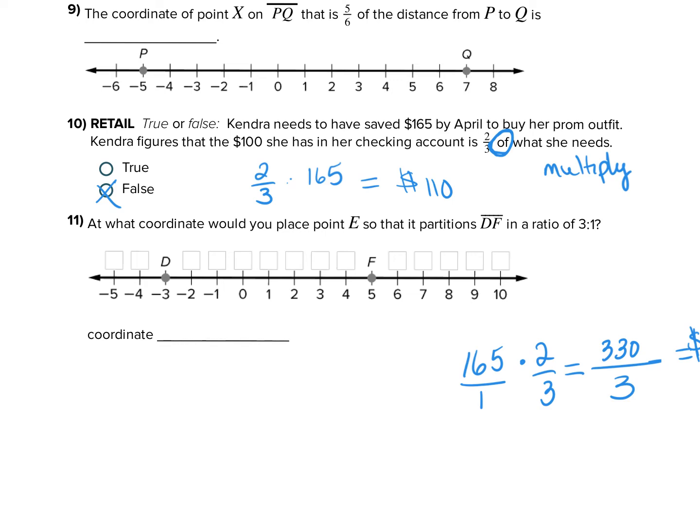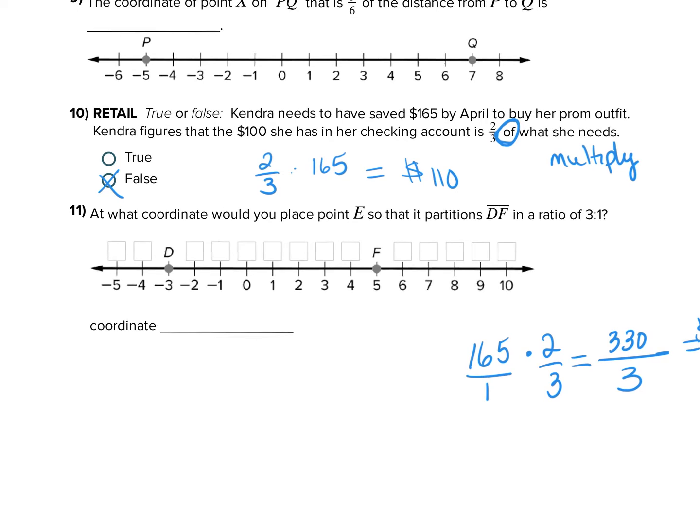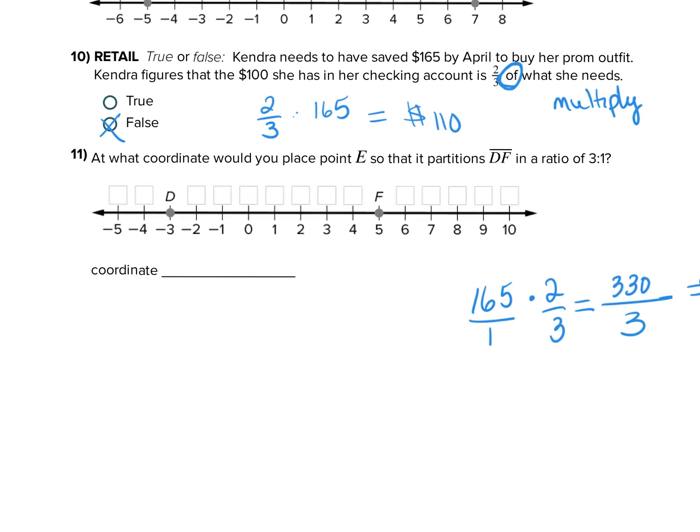For number 11, we are doing something similar when finding the ratio of DF so that it is 3:1.